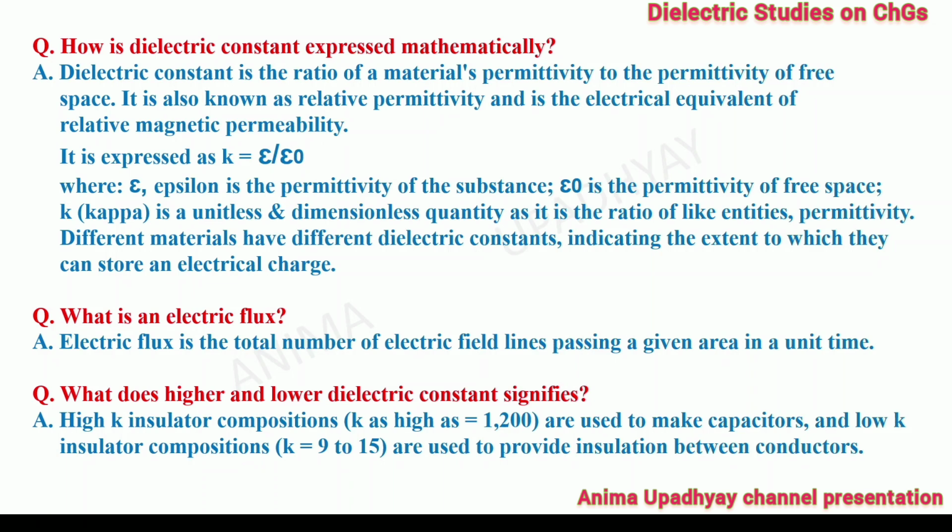It is also known as relative permittivity and is the electrical equivalent of relative magnetic permeability, and is expressed as K equals epsilon by epsilon naught, where epsilon is the permittivity of the substance and epsilon naught is the permittivity of free space, and K (kappa) is a unitless and dimensionless quantity as it is the ratio of like entities, same entities, permittivity.